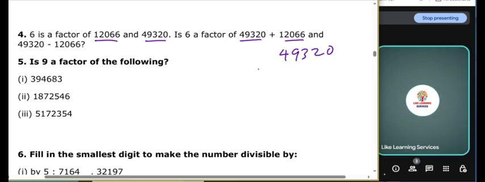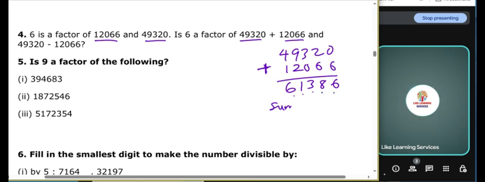49320 plus 12066. This is 6, this is 8, this is 3, this is 1, this is 6. Sum of the digits: 6 plus 1, 7, plus 3, 10, plus 8, 18, plus 6, 24.